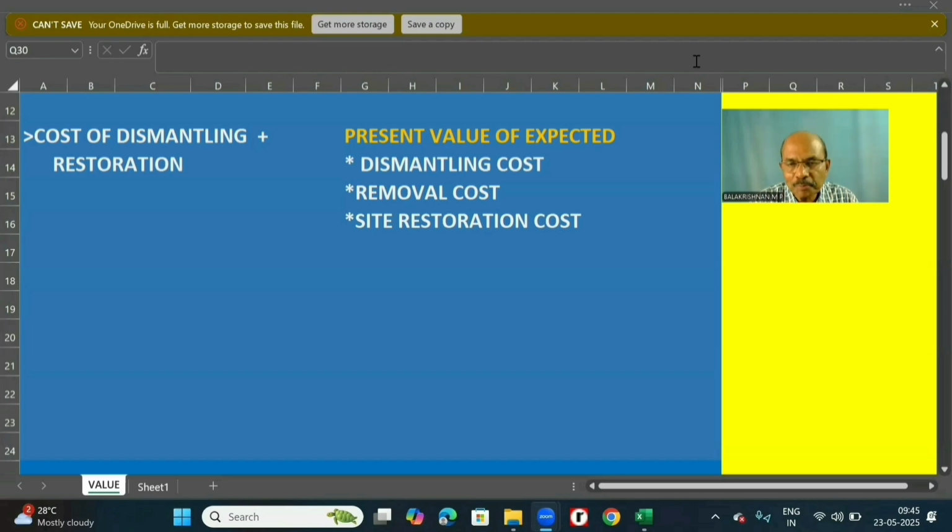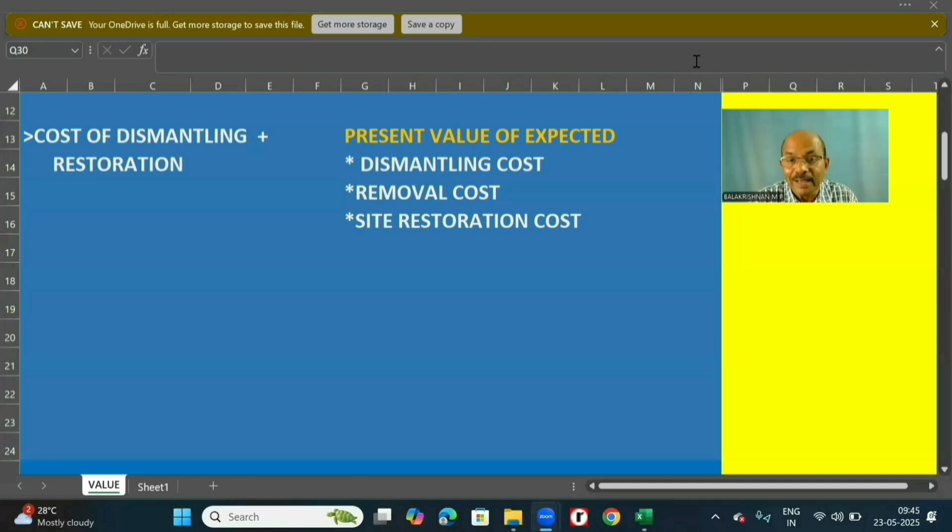Well, when an item of property, plant, and equipment is acquired, AS 10 requires initial recognition at cost. And as you have seen by now, this will include several components. One such component often ignored by students, but very important, is the cost of dismantling, removal, and site restoration obligation. Now, what is it? This is a future obligation to restore the site or dismantle the asset at the end of its useful life.